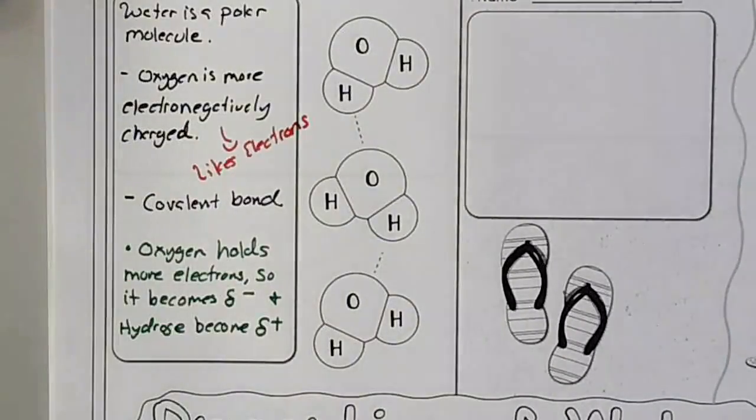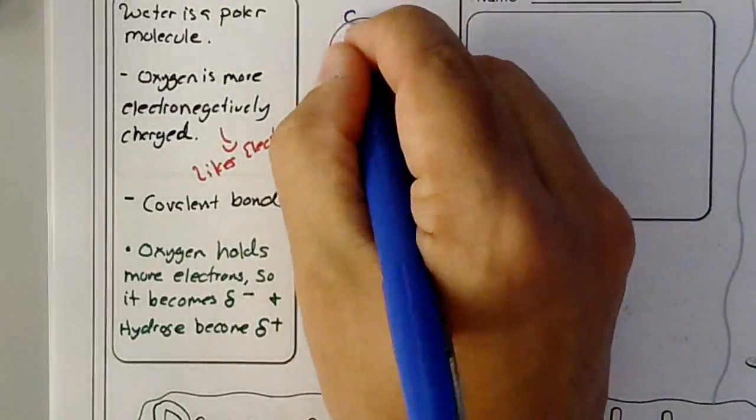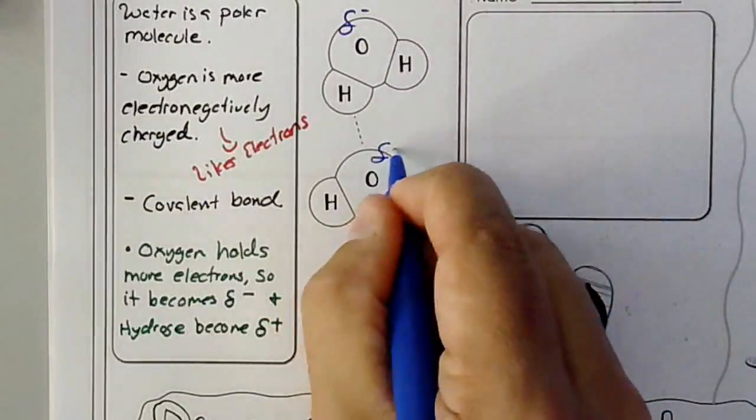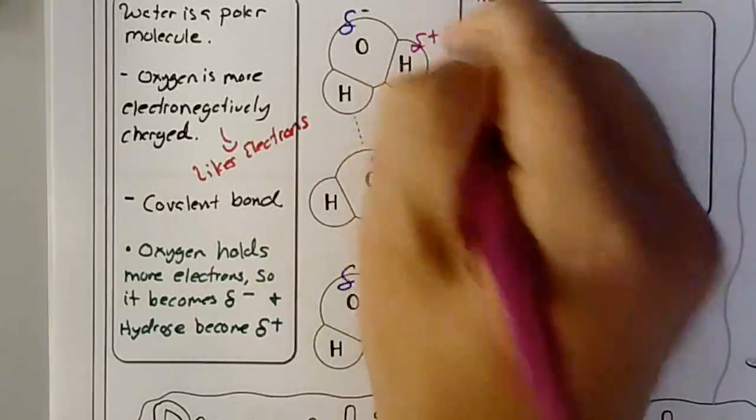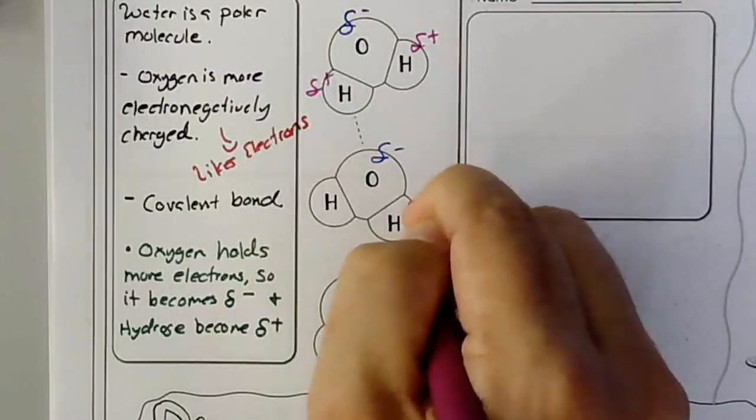And so what you end up with is a molecule that has partial negative oxygens and partial positive hydrogens. Well, negative and positives do what to each other?